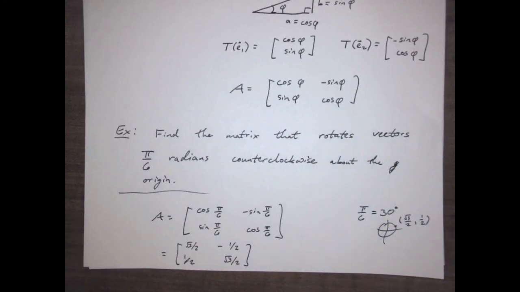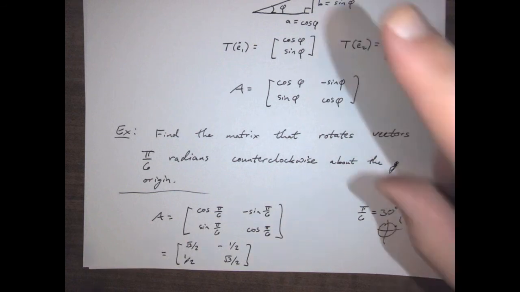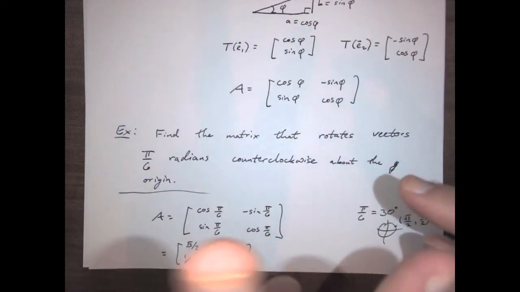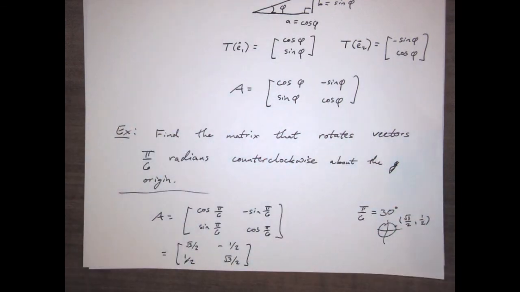You'd figure out what would happen to the unit vector along the x-axis, the y-axis, and the z-axis, based on the angles of rotation, and then you would use those new positions as the columns of your matrix. That's how you would construct it if it were more than merely 2 dimensions. But for this section, we're only interested in two-dimensional transformations. So this will cover that.